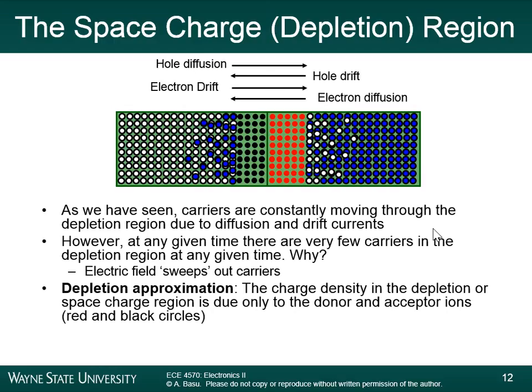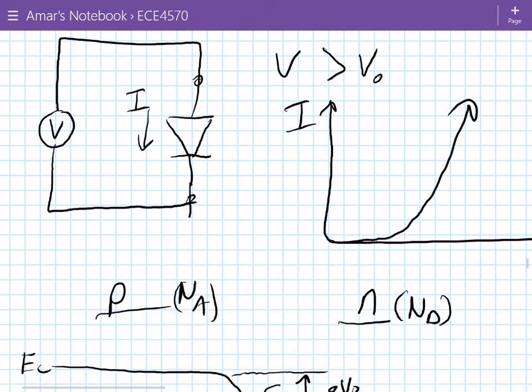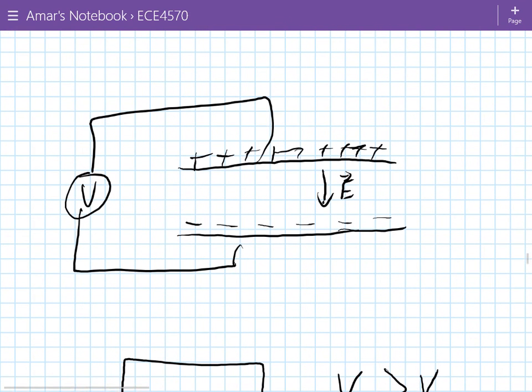It's depleted of electrons and of holes. When you build up an electric field here, going back to this picture, if we have a very strong electric field, what's going to happen if we put a hole here? If we put a positively charged carrier, what's going to happen to that thing?